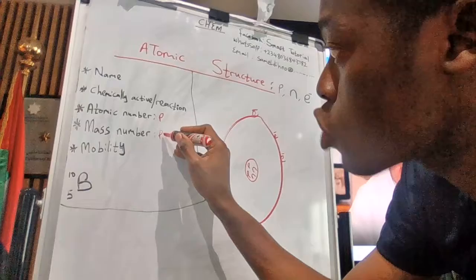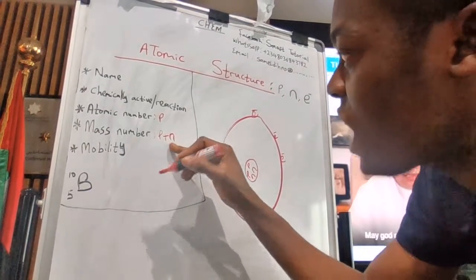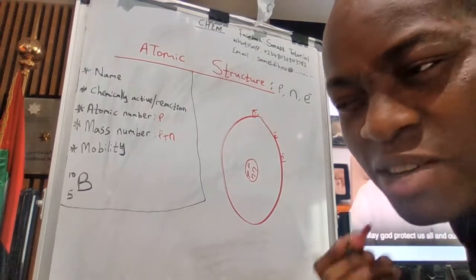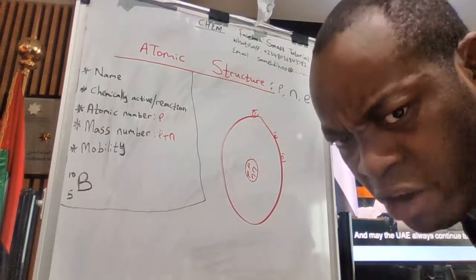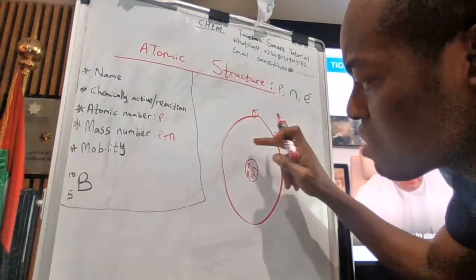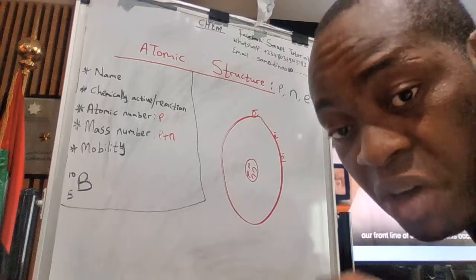The sum of the proton and the neutron, because they are heavier than the what? Electron. The weight of the electron is very, very small. So if you want to talk about the weight of an electron, you have to use it relative to the weight of the proton, because the weight of the electron is very, very small.